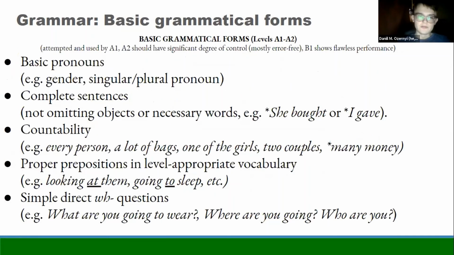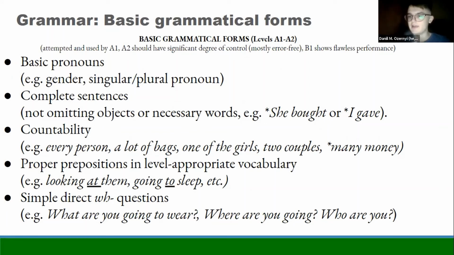That's not all. We have other stuff for basic grammatical forms. To continue, basic pronouns. They should know, I mean, obviously, I am, you are, we are, they are, he, she, it is, etc. If they use singular they, I commend them for it, but that's not really required.